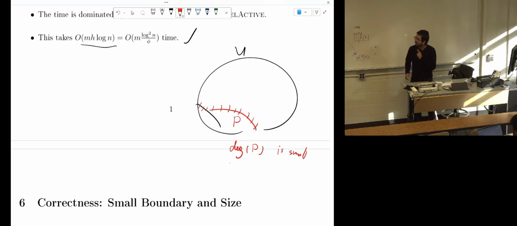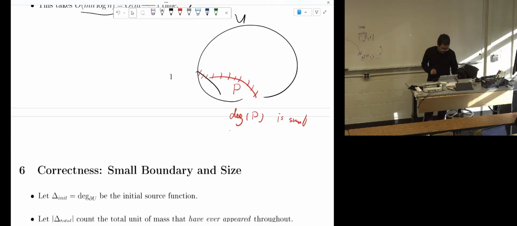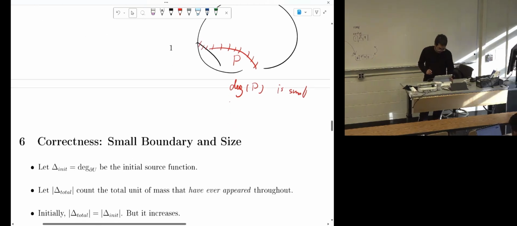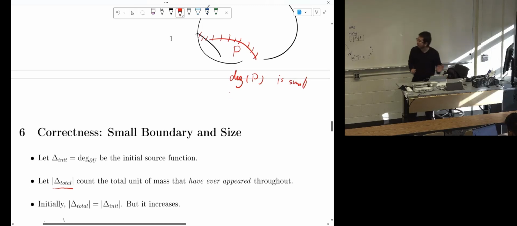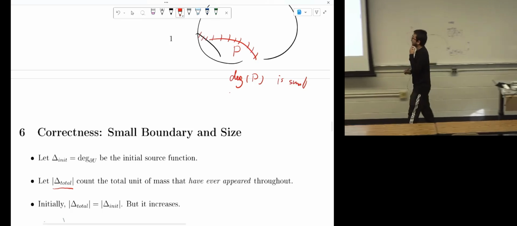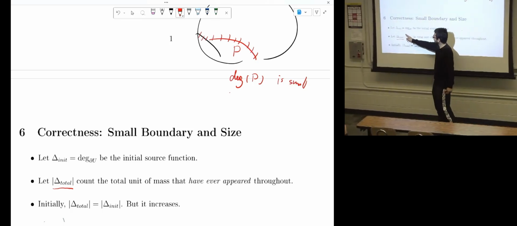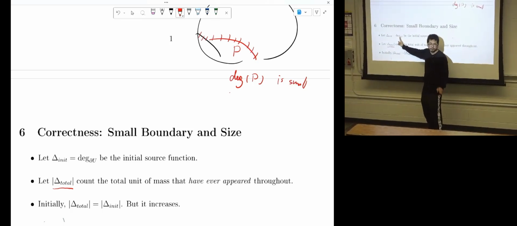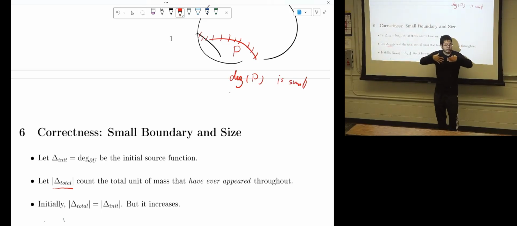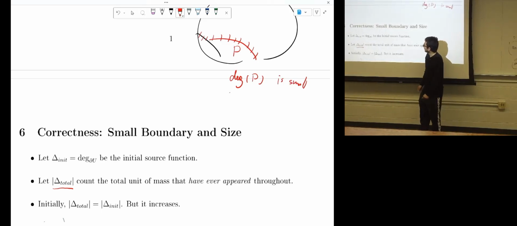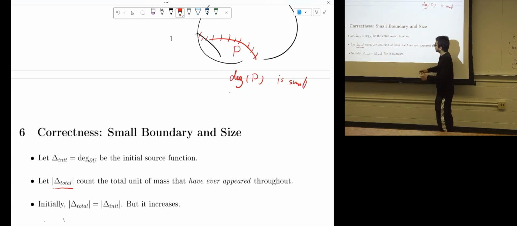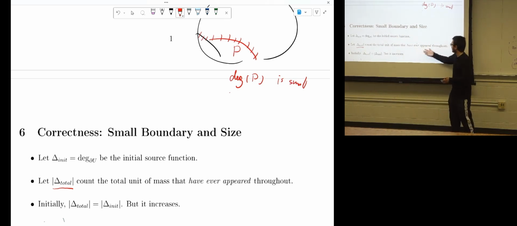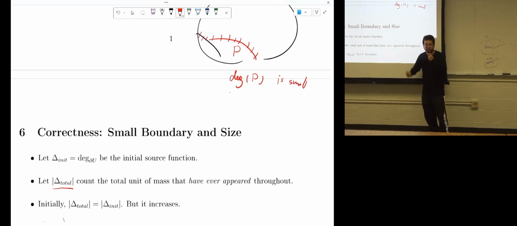And the key to prove this is to look at this thing. I call it total source. Let's say in the beginning there is the initial source, just the source that we try to send from the battery of U. But what we're going to count is the total source. This is the total units of mass that have ever appeared throughout the whole course of the algorithm.